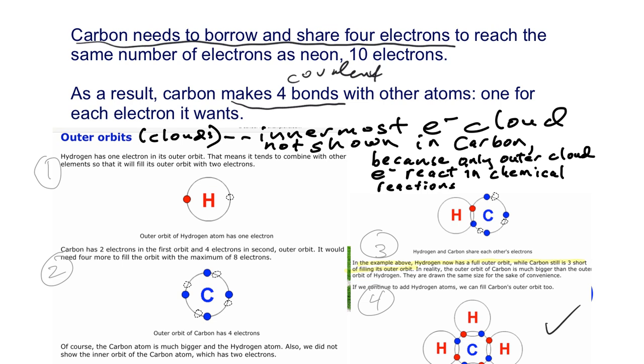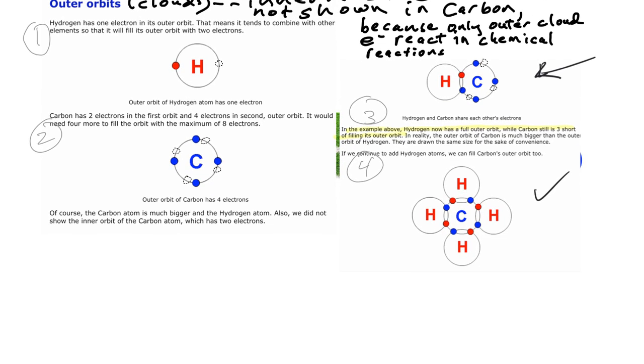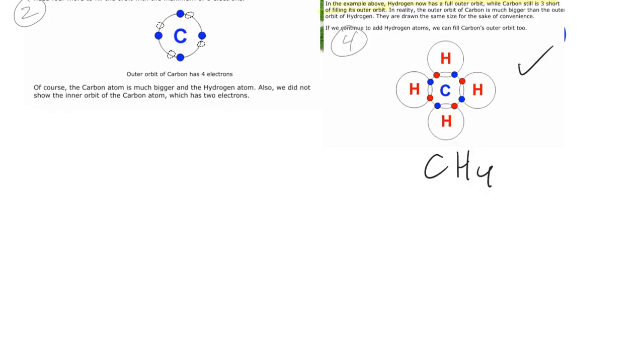Okay, so in this picture right here, we see carbon needing 4 more spaces. If hydrogen's around, hydrogen needs 1 electron, carbon needs 4, so carbon's going to react with 4 hydrogen atoms to form methane gas, CH4.